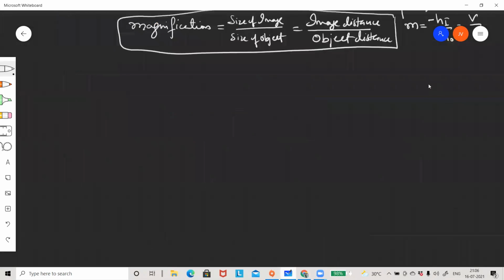But I won't take up the ray diagram where the object is at infinity and the image forms at or on F, or appears to form on F. That I'll not take. So I'll take another ray diagram. Just see for the convex mirror.